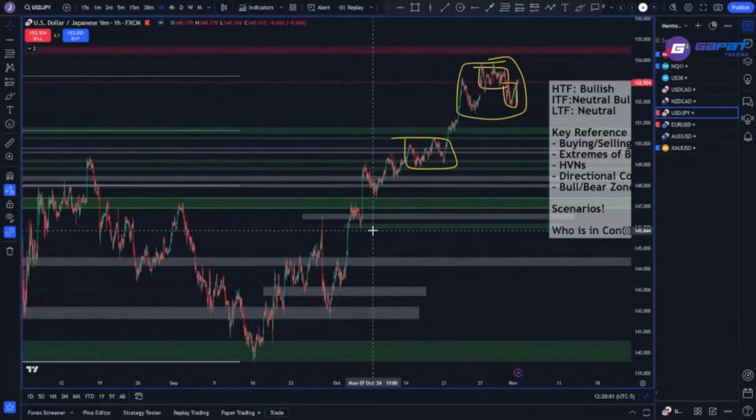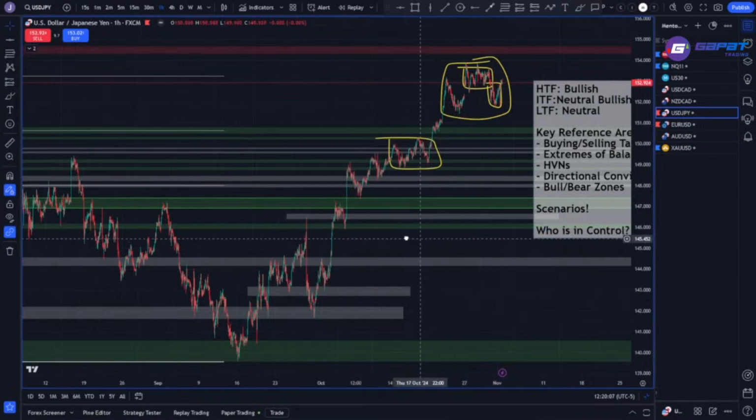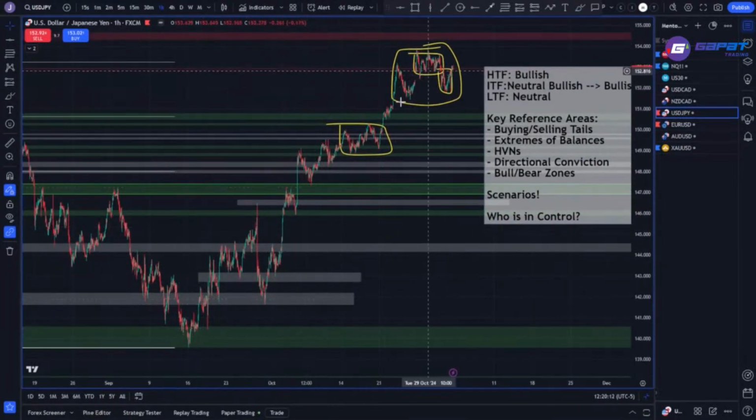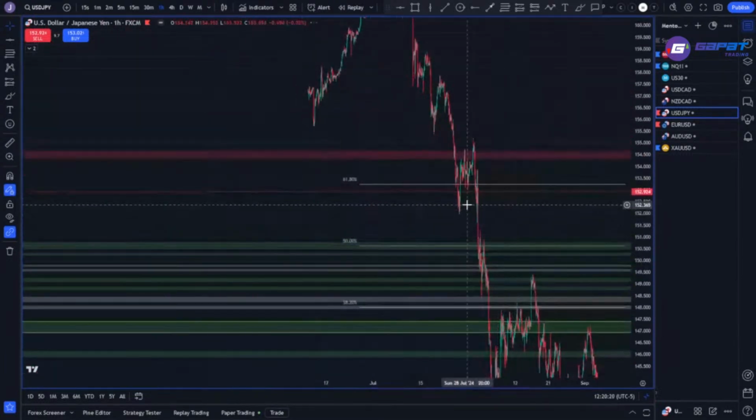Okay. And then this will also be an important level. Directionality from here. Again, I would draw the fib on multiple different time frames to see where the important retracement locations are located. I'm just gonna look up here.